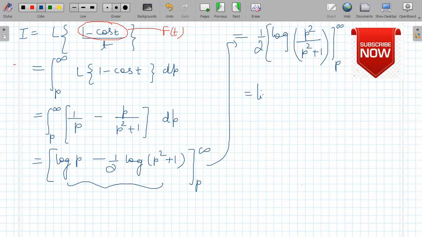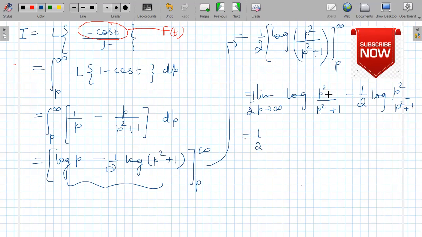This is equal to limit p approaches to infinity log of p square upon p square plus 1 minus 1 upon 2 log of p square upon p square plus 1.